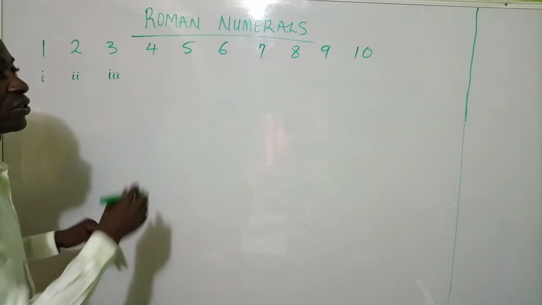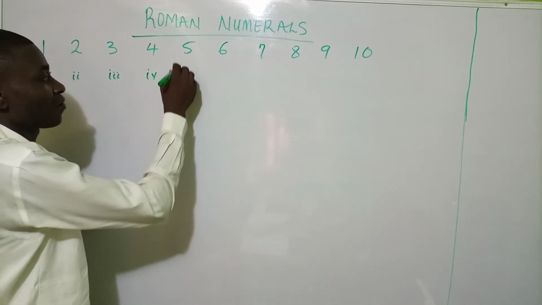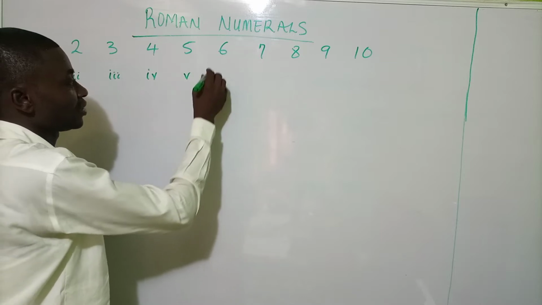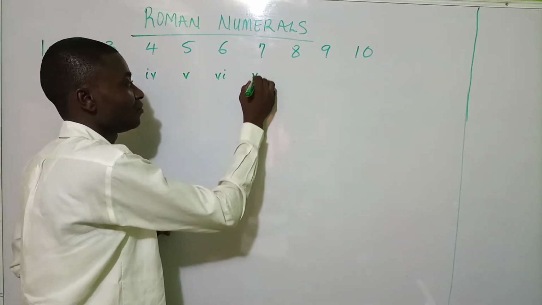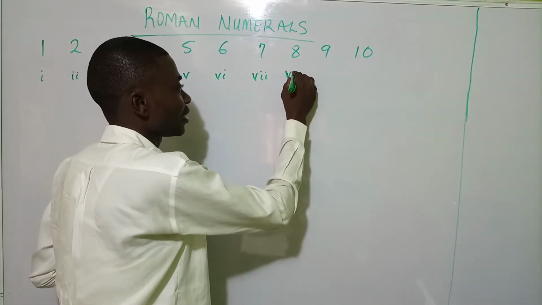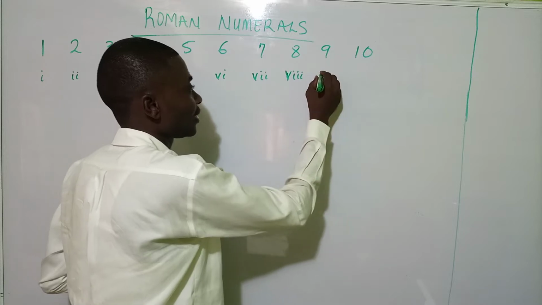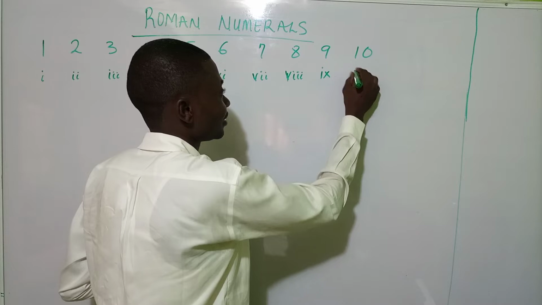Now 4 is what? It is IV. 5 is V. 6 is VI. 7 is VII. 8 is VIII. 9 is IX. And 10 is X.